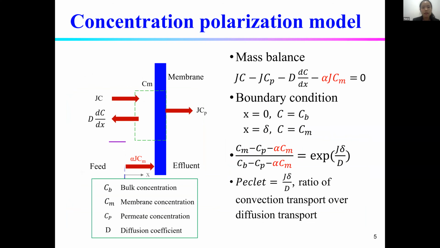In the conventional concentration polarization model, the water and the solutes pass through the membrane, and some of the solutes are rejected, and some diffuse back.